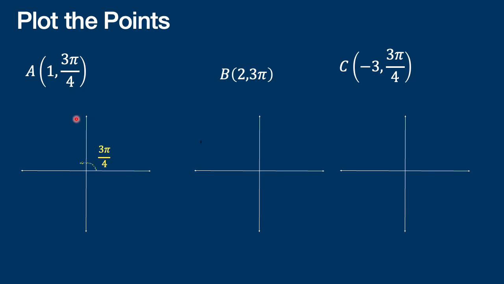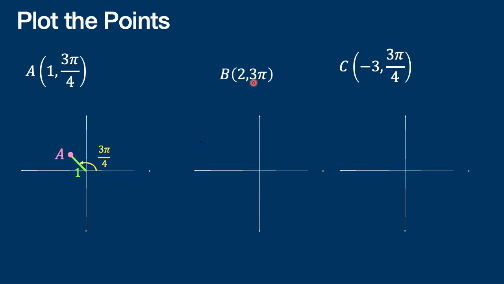That's the angle 3 pi over 4, so draw the line. The distance from the origin is 1. Then you plot the point A. Radius is 1, angle is 3 pi over 4. So keep this order in mind: angle first, then find the distance from the origin on the line. Then you plot the point.